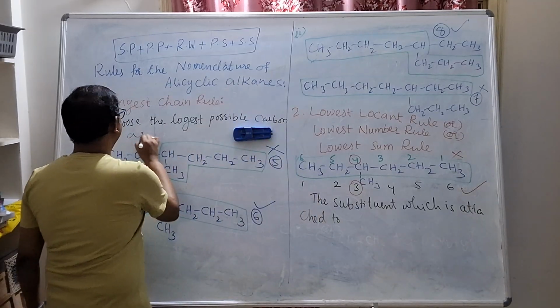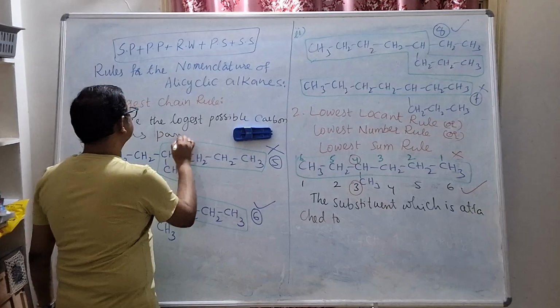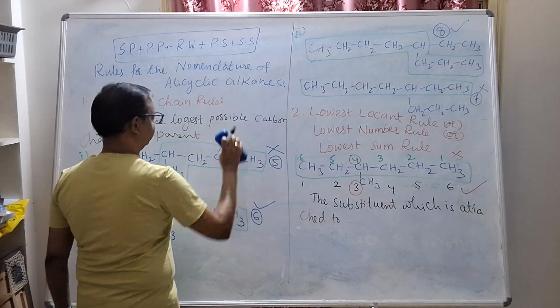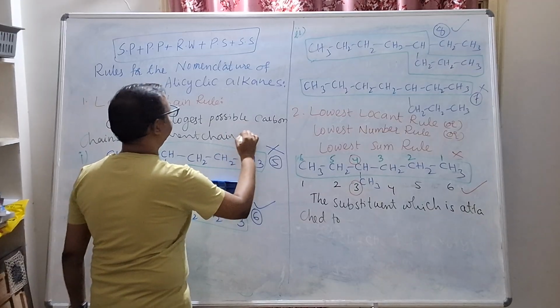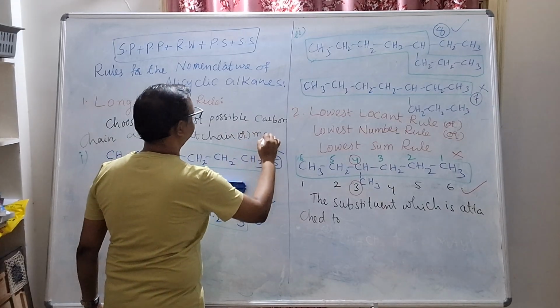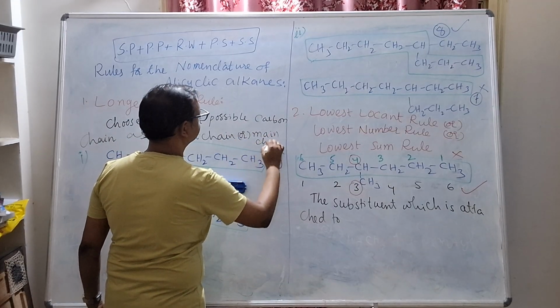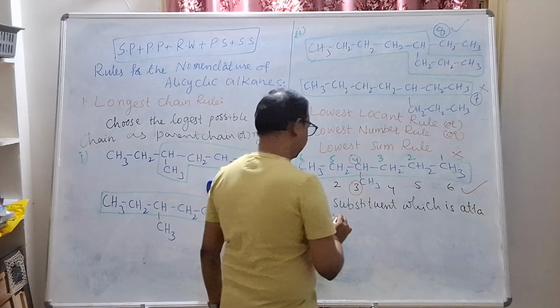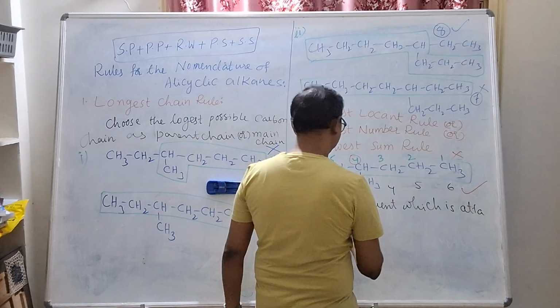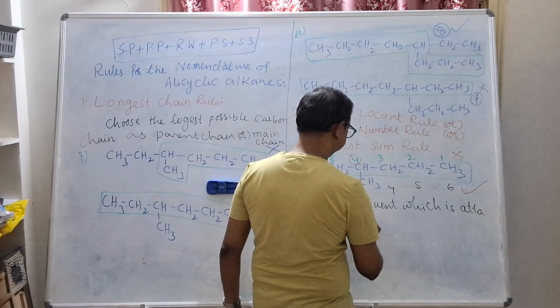Longest possible chain as parent chain, we call it as main chain. Longest parent chain or main chain, we call it as, keep that in mind. Choose the substituent which is attached to main chain.